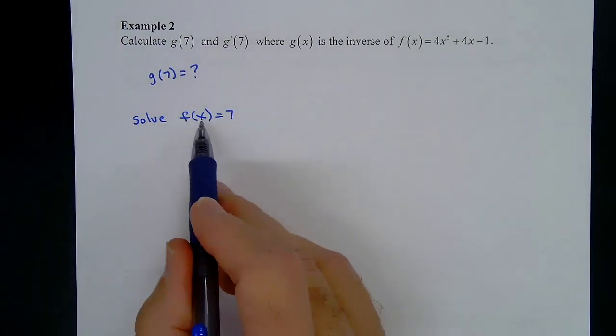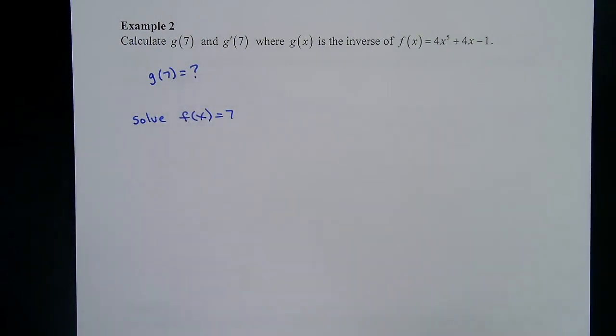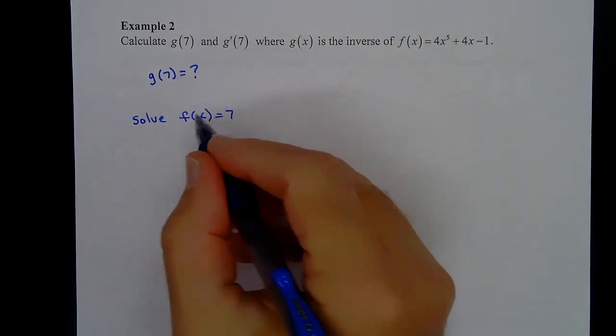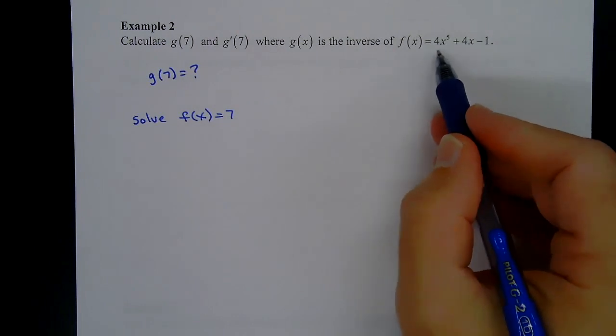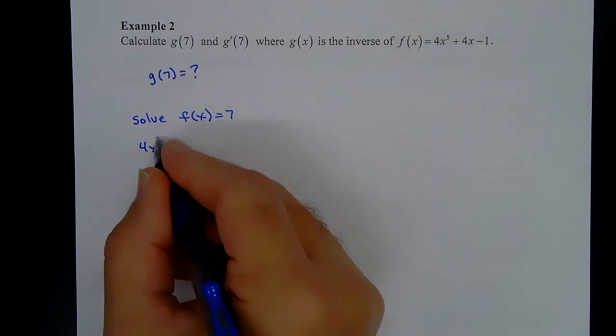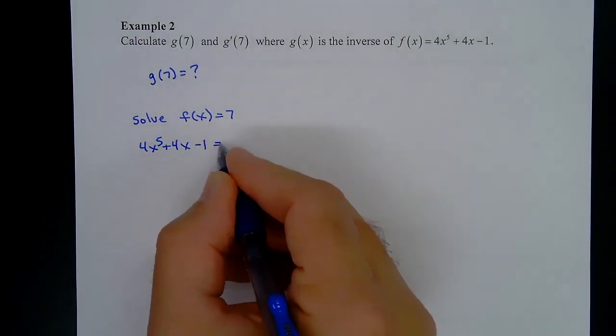Because whatever this input is will be the output for g, because inputs and outputs flip-flop. They switch. The input becomes the output becomes the input, all right? So now, we have that f of x function: it's 4x to the 5th plus 4x minus 1. So 4x to the 5th plus 4x minus 1 is equal to 7.